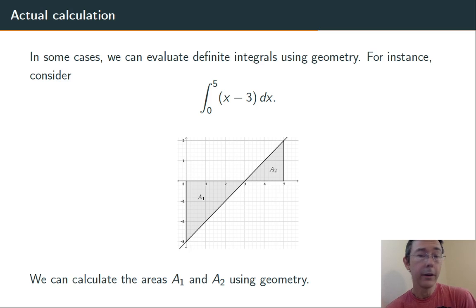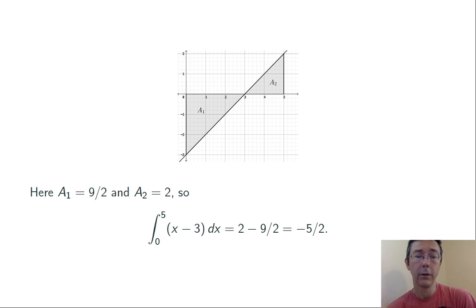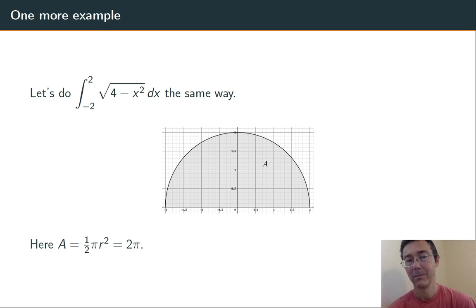A1 is going to be counted as negative, and A2 is going to be counted as positive. Each of these are isosceles right triangles. A1 has base and height of 3, so area 9/2, and A2 has base and height of 2, so area 2. Overall, we take the positive area, subtract off the negative area to get negative 5/2.